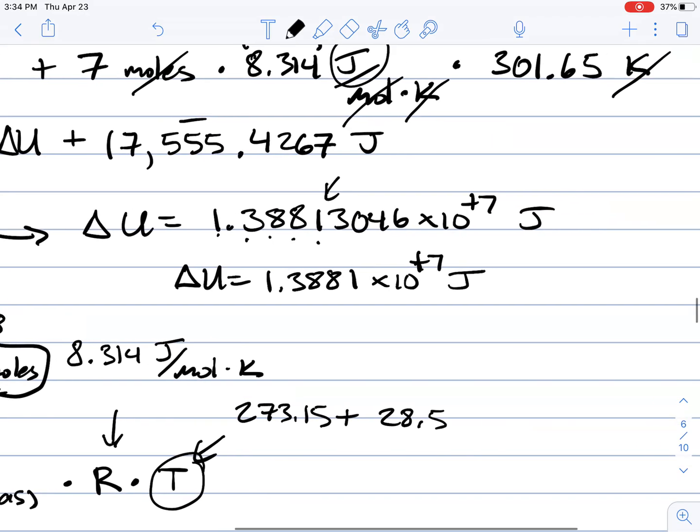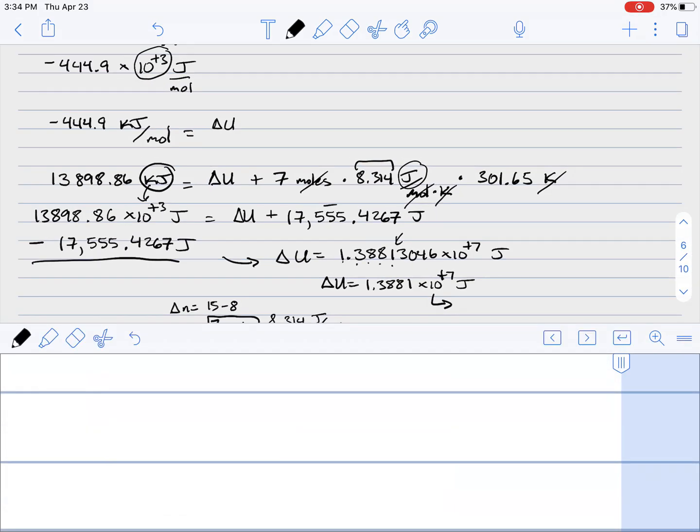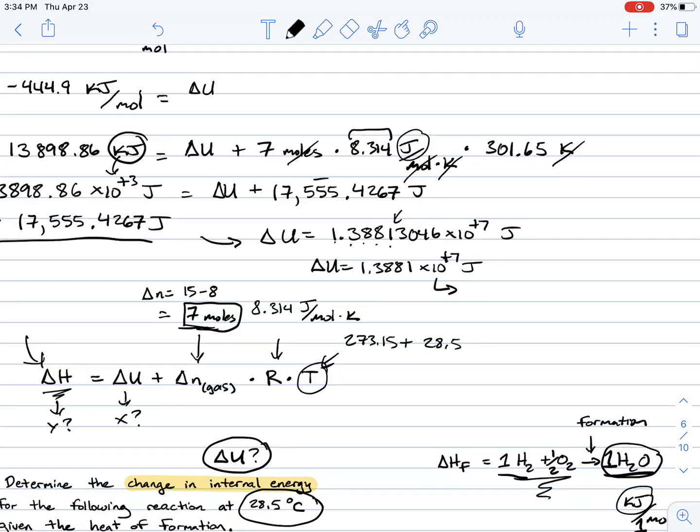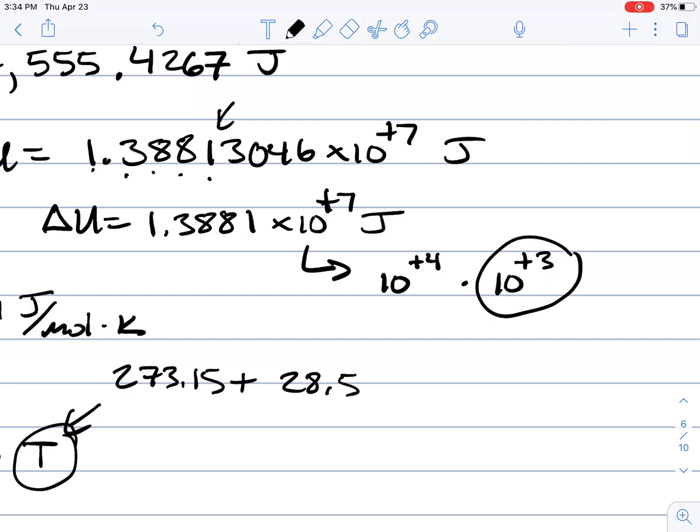And if I want to convert this into kilojoules, I'll take this value and separate that times 10 to the positive 7 into times 10 to the positive 4 times 10 to the positive 3. And I know that times 10 to the positive 3 is going to be a kilo, right? So then I can just tack on joules at the very end.